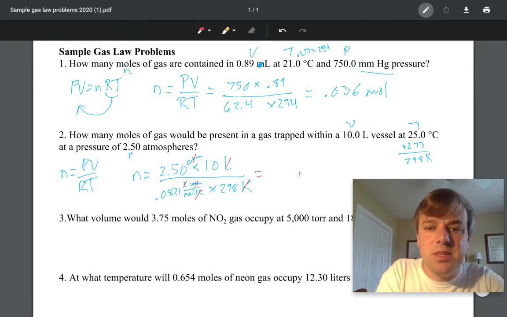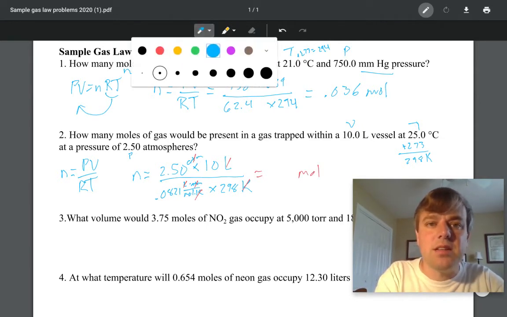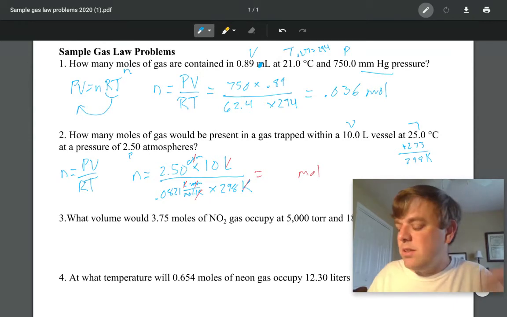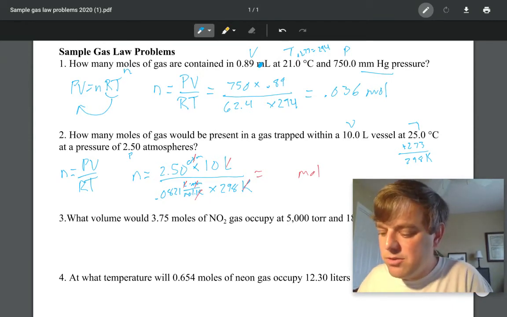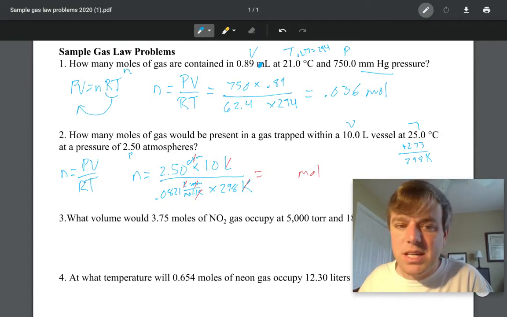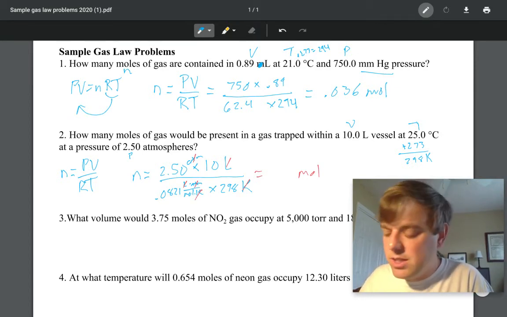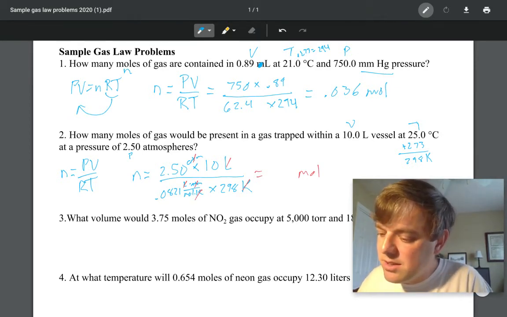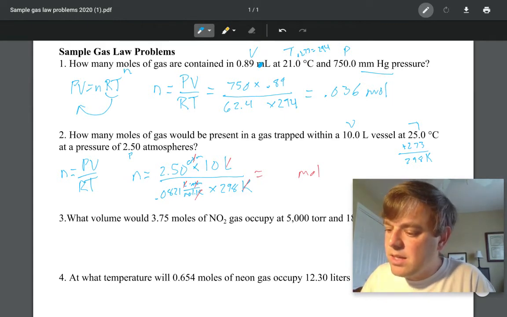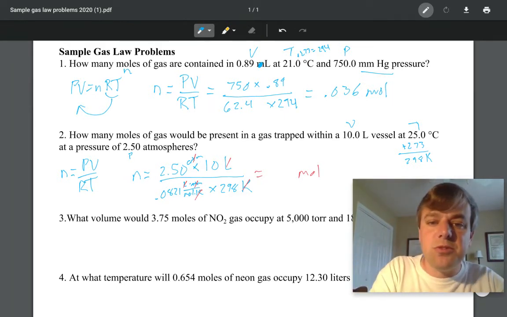So our units come out to be moles, just like you would expect. So then we take our calculator and we do 2.5 times 10 divided by, in parentheses, 0.0821 times 298. And I'm coming up with 1.02 moles.